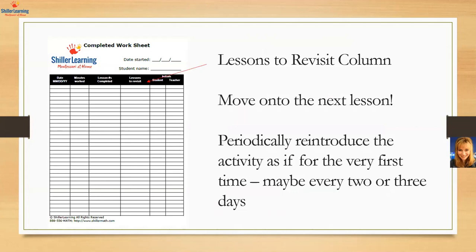And we are doing this without even having to have gone all the way through that lesson. Sometimes they're going through the lesson and not achieving that competency and closure. But if you see they're hitting a wall, don't even be tempted to finish the lesson. Put it aside, and then you're going to periodically reintroduce the activity as if for the very first time.